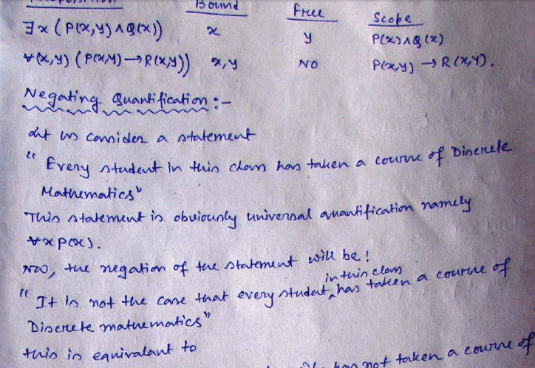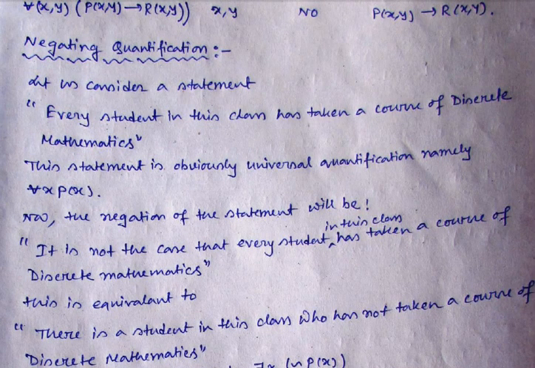Therefore this statement gives us the universal quantifier, so we will write it as for all x, px. Now if you want to make the complement or the negation of this statement, how will the negation be? Simply think about that.